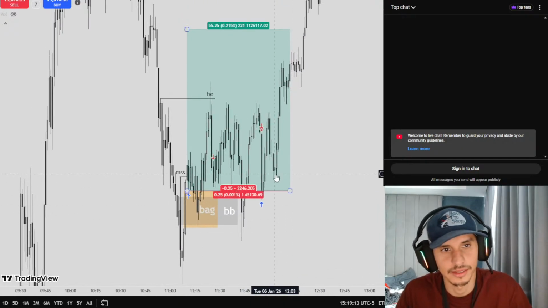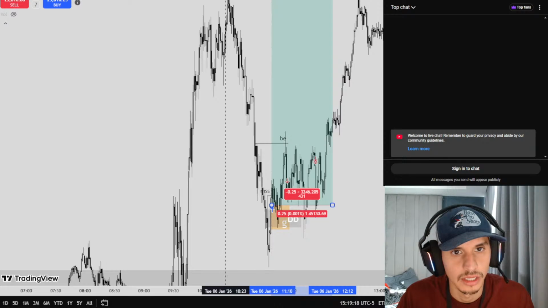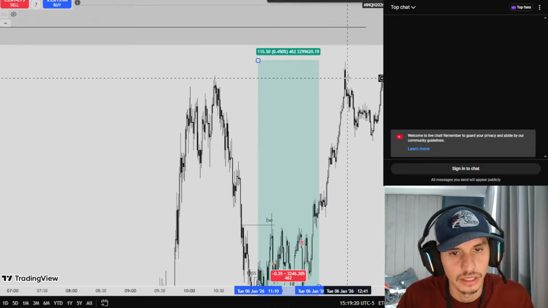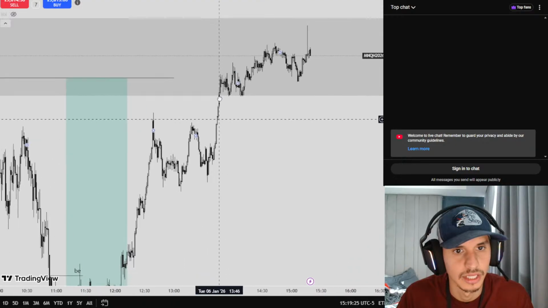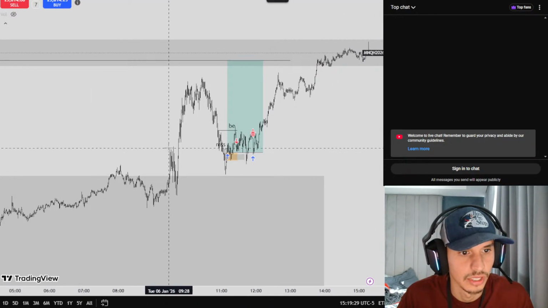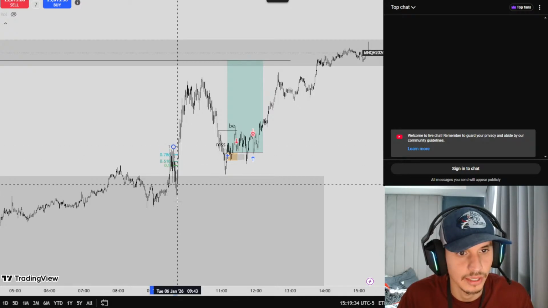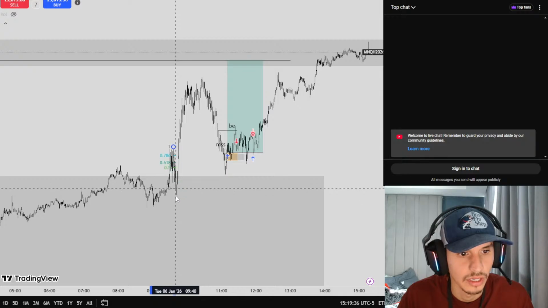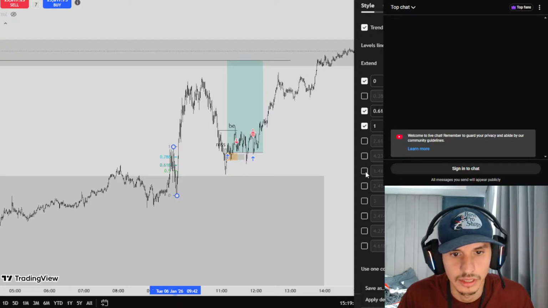I mean, it would have been too wide of a range either way, because we did end up taking this high eventually. I think it even reached the 4 standard deviation right there. Oh, I didn't save the settings. 2 and 4.